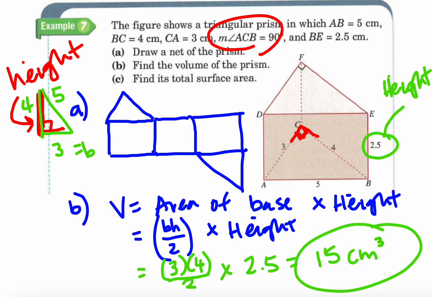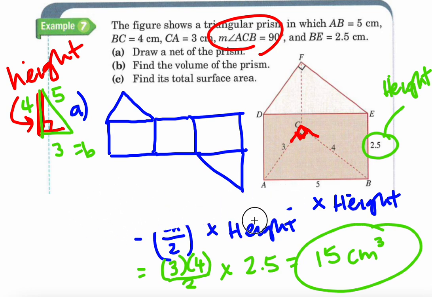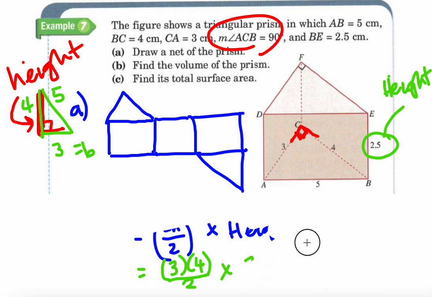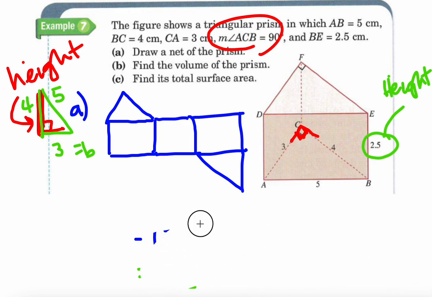And then now we need to figure out the total surface area. So let me go ahead and just erase this so that we have some space. Let's see if we can remember how to find the total surface area. What was that formula?